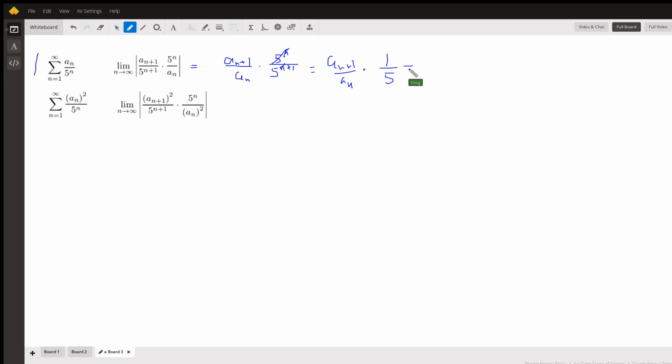And so this is 3 times 1/5, 3/5, which is less than 1. Therefore, this series converges.